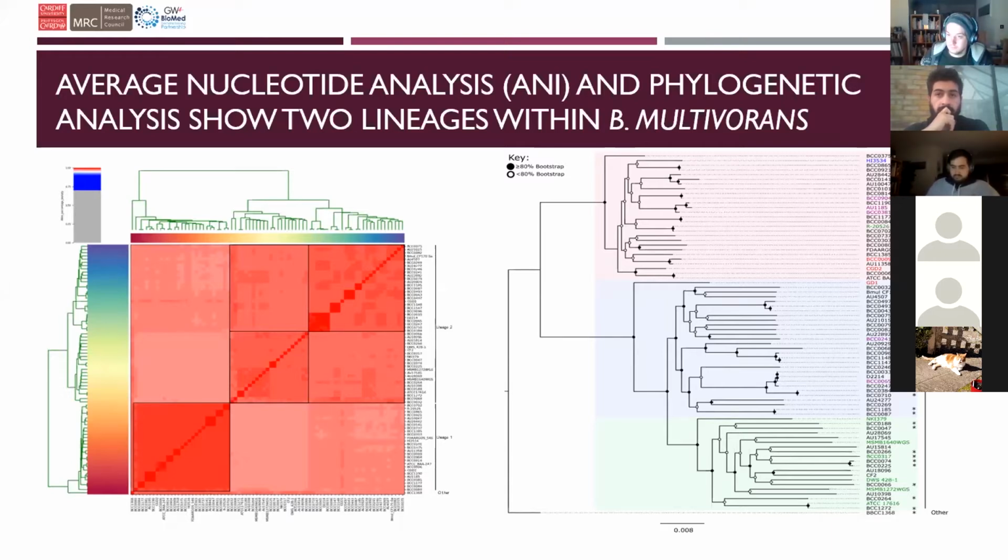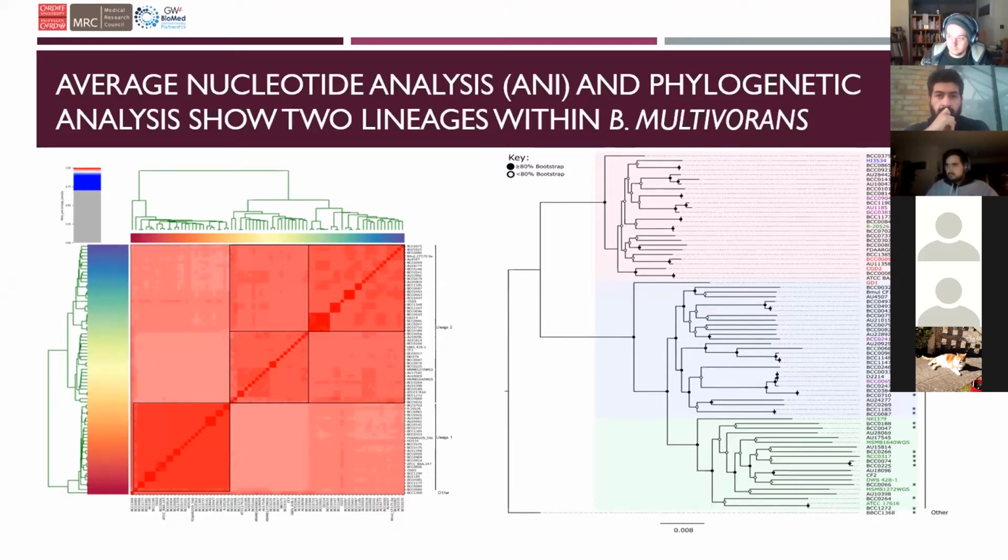I essentially found this initial split of a tree where it looked like it went into two evolutionary lineages. From there, I downloaded over 200 different genomes from publicly available databases and made a massive tree to show this robustness.